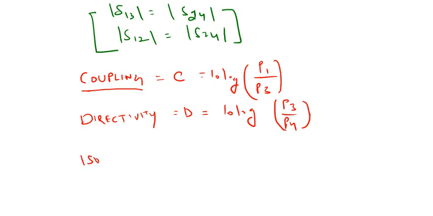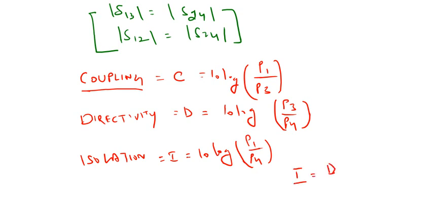Then we have isolation, represented by capital I, which equals 10 log P1 divided by P4. The relation between I, D and C is that isolation equals directivity plus coupling.